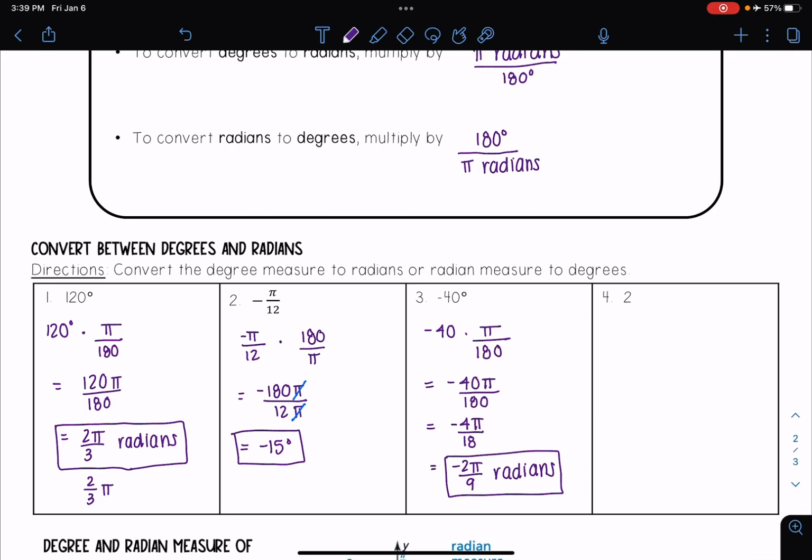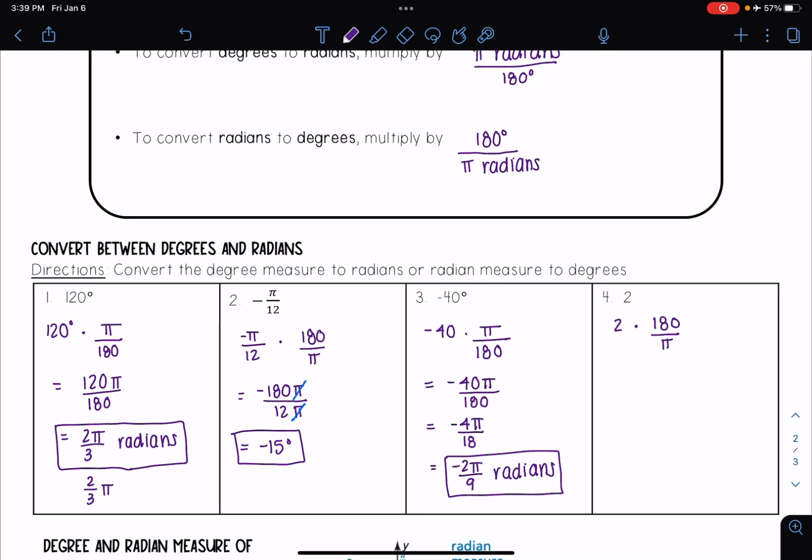Okay, and now this last one, I just have the number 2. Since I just have the number 2, that means this is in radians. There's no degree on there, so you automatically can assume that it's in radians. I want to switch that over to degrees, so I'm going to have 2 times 180 over pi.